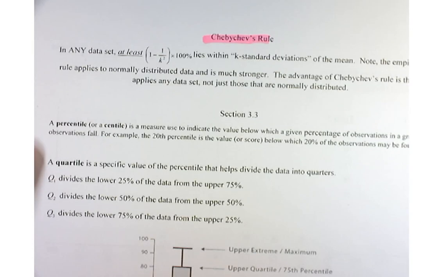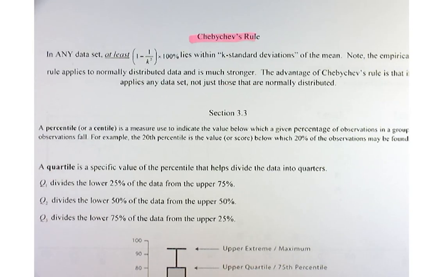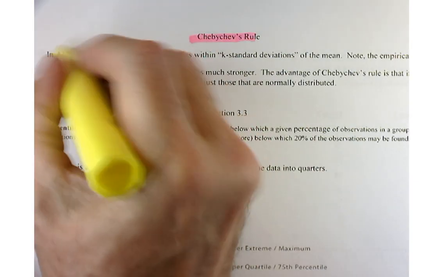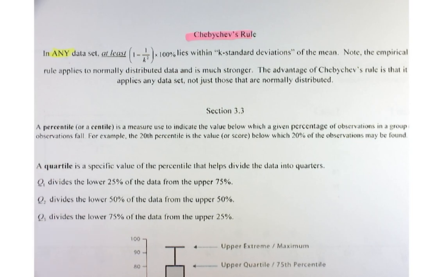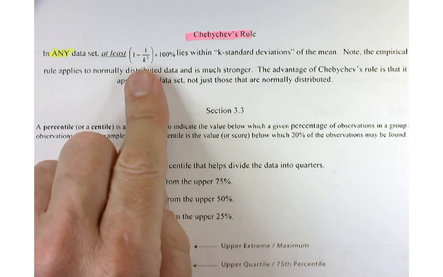One of the big differences between Chebyshev's rule and the empirical rule is that Chebyshev's rule works for any data set. So underline that. It also doesn't tell you exactly how much data is going to be within so many standard deviations away from the mean. It gives you an approximation.